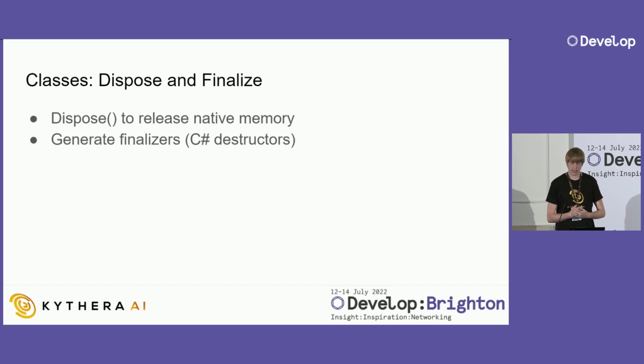There is a new experimental feature in CppSharp to generate finalizers. Finalizers are kind of like C# destructors. They are run when a class is garbage collected, and so we can then release the memory if we own that memory, at the end of when the object is released. We are using finalizers now.